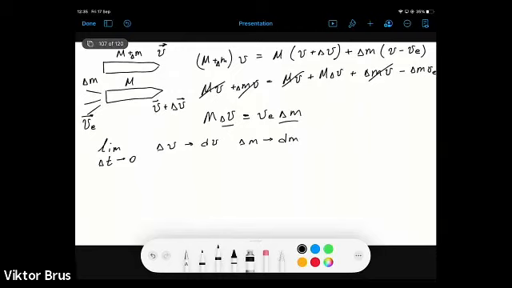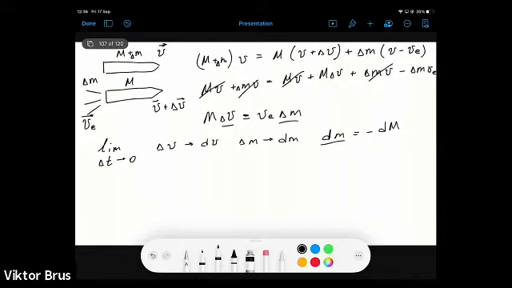And what is very important here, this dm, small change of exhaust burned fuel, is actually equal to minus d capital M, because if we exhaust something, we reduce the mass of the total rocket in this instantaneous moment.